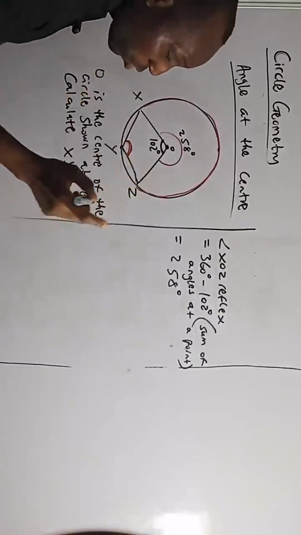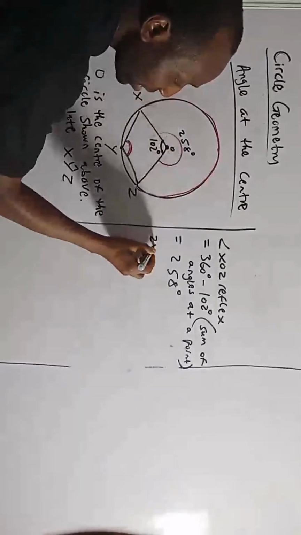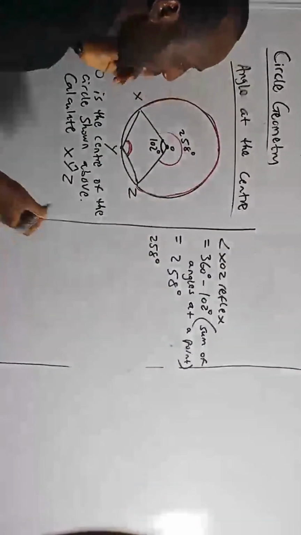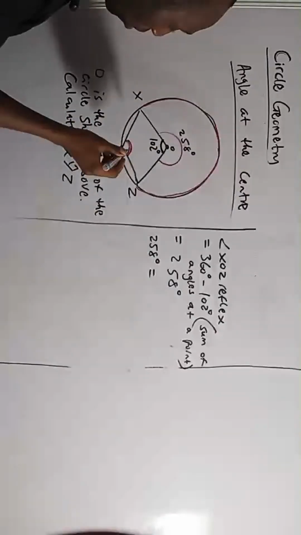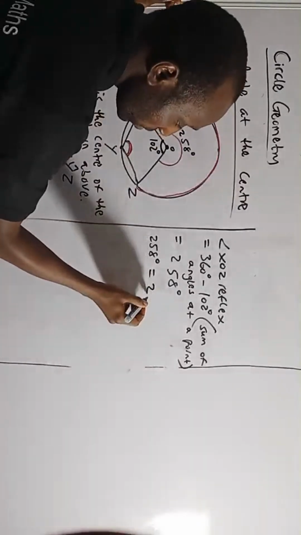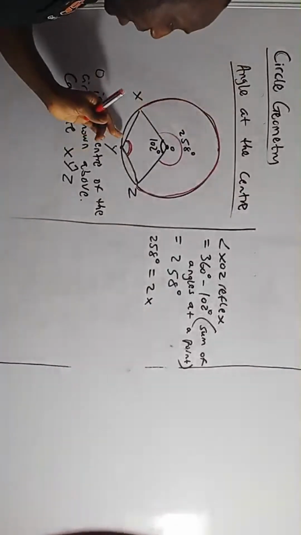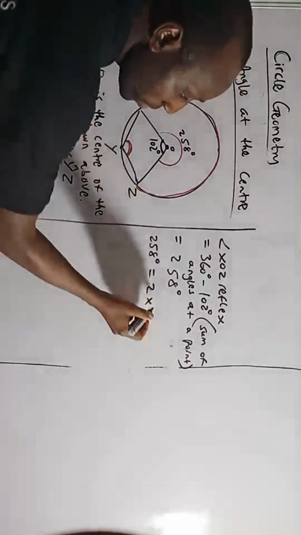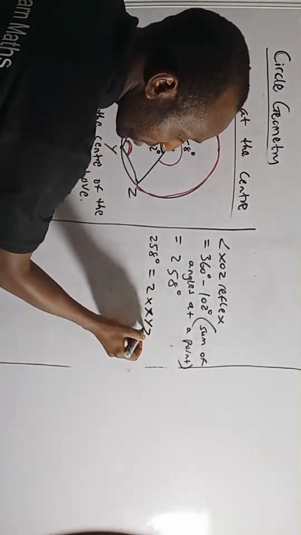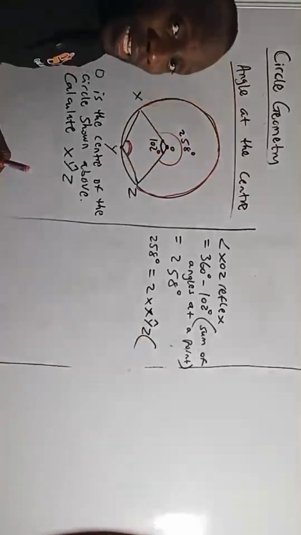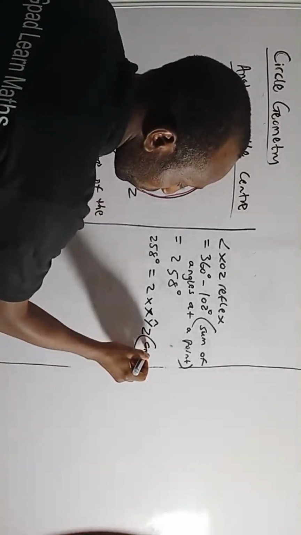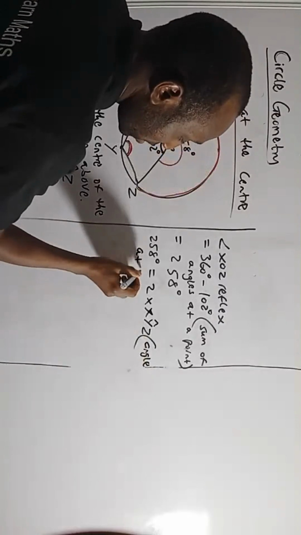So what am I going to write? I'm going to say that 258 degrees is equal to 2 times angle XYZ. The reason for that is angle at the center.